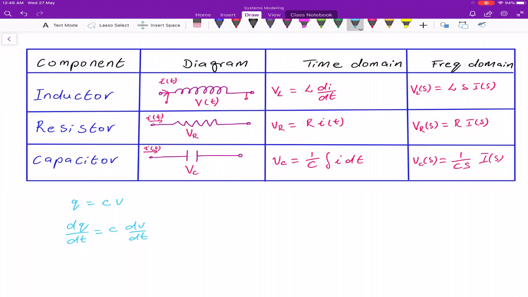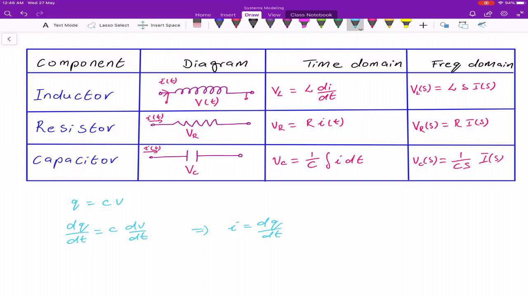whereby the flow of electrical charge per unit of time, we know that I is equal to dq/dt.